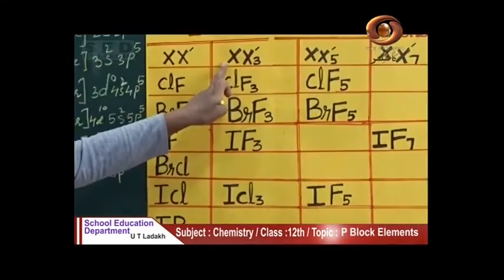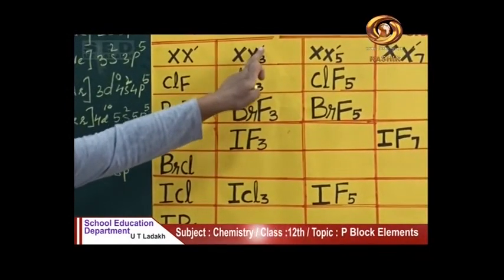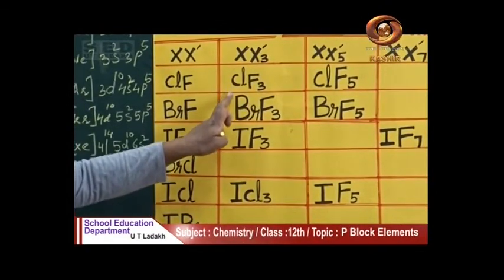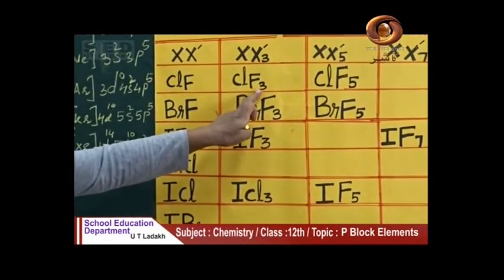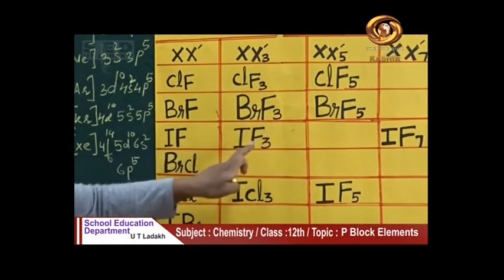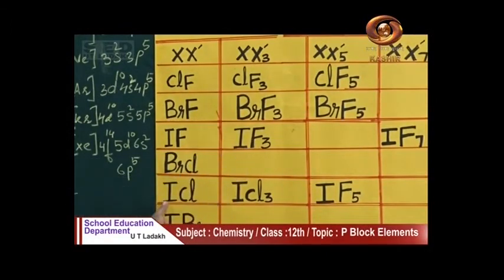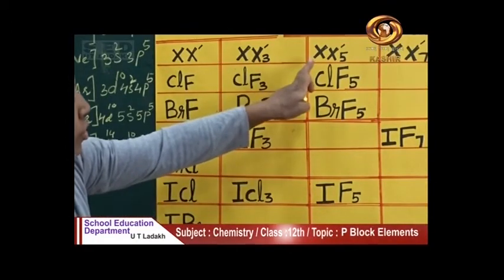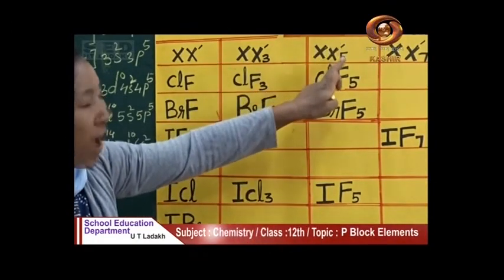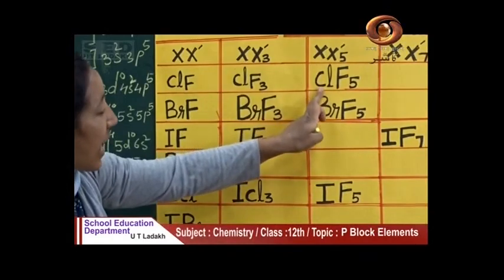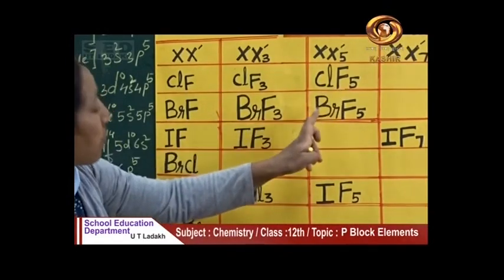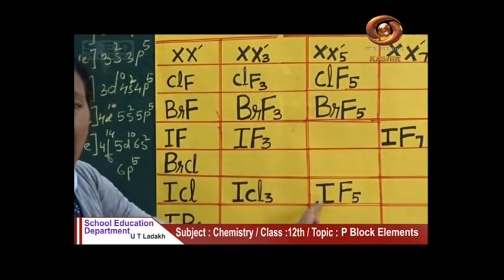In the case of X dash 3, we have examples ClF3, BrF3, IF3 and ICl3. In the case of X dash 5, there are ClF5, BrF5, IF5.